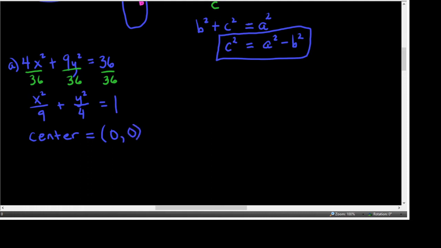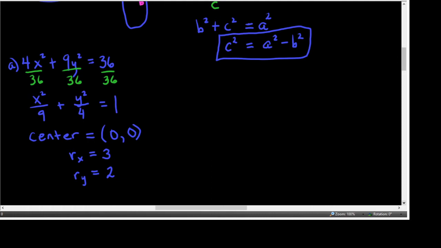You'll get used to seeing that a lot, so no worries. Then the next thing I would find is the x radius. So look in the x fraction and take the square root of the number underneath x squared, and so the x radius is 3. Likewise, the y radius is the square root of the number underneath y squared, which is 2.